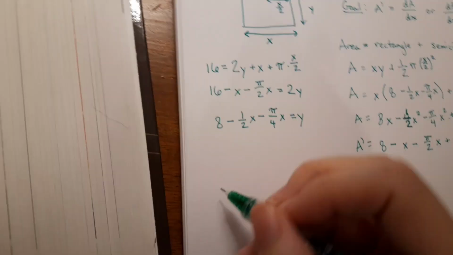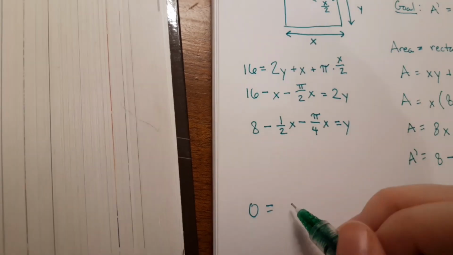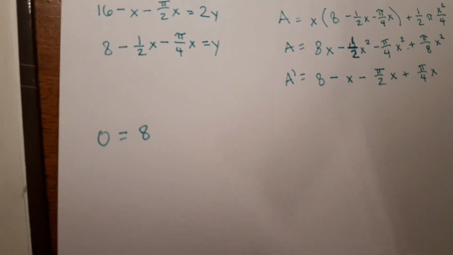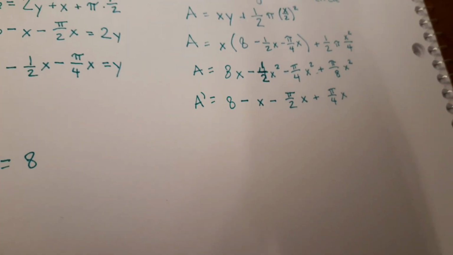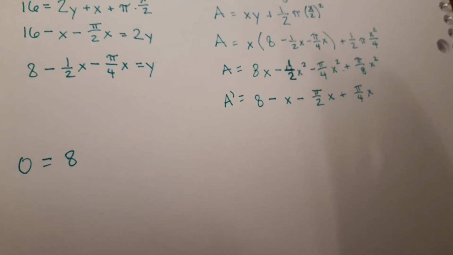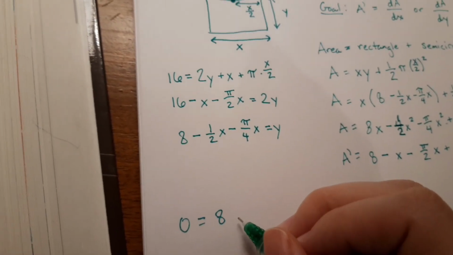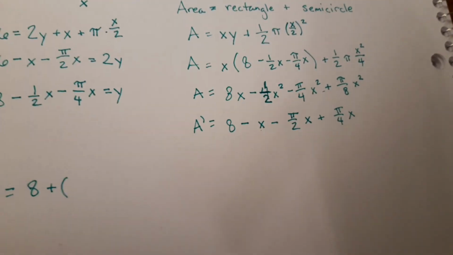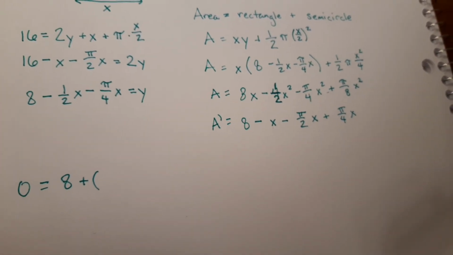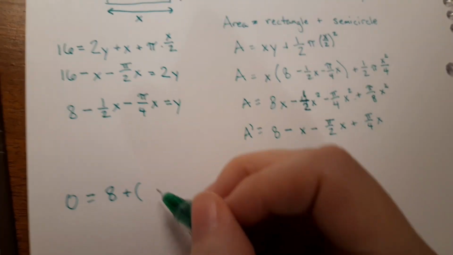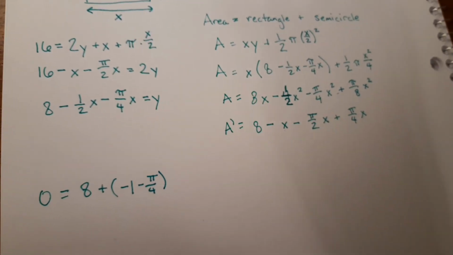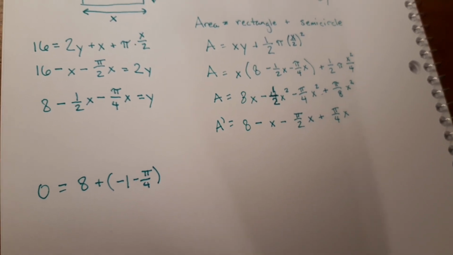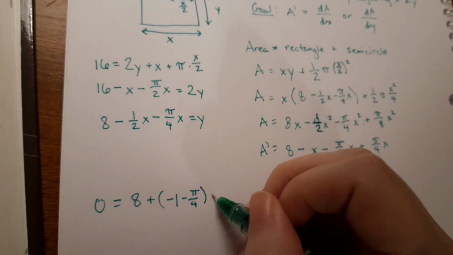So 0 is equal to 8, and I'm going to combine these. So it's going to be minus 1 minus pi over 2 plus pi over 4, and then I'm going to combine these things, so it's going to be minus 1 minus pi over 4 when you add these together, times x.